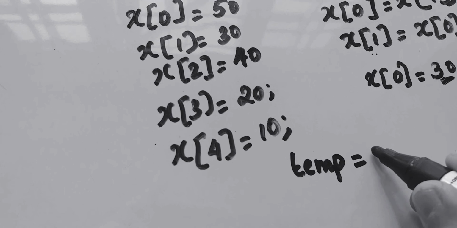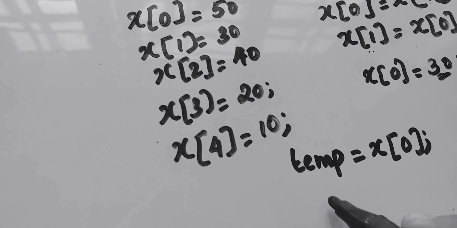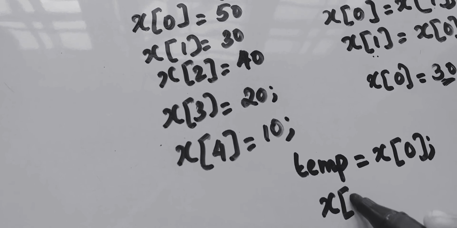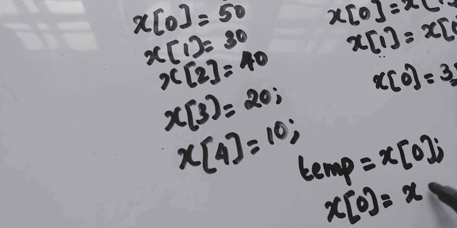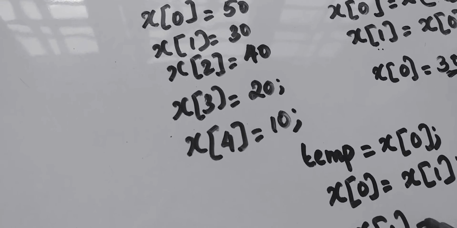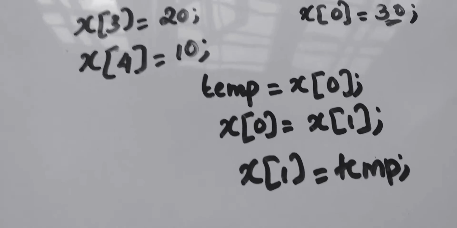Temp equal h of 0. Then h of 0 equal h of 1. h of 1 equal temp. So this is the swapping technique.